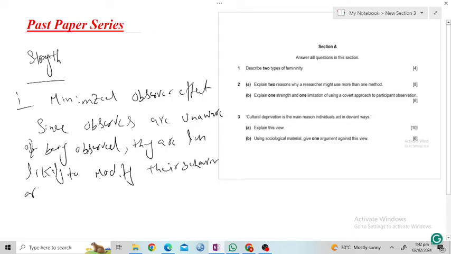or actions due to the presence of the researcher.